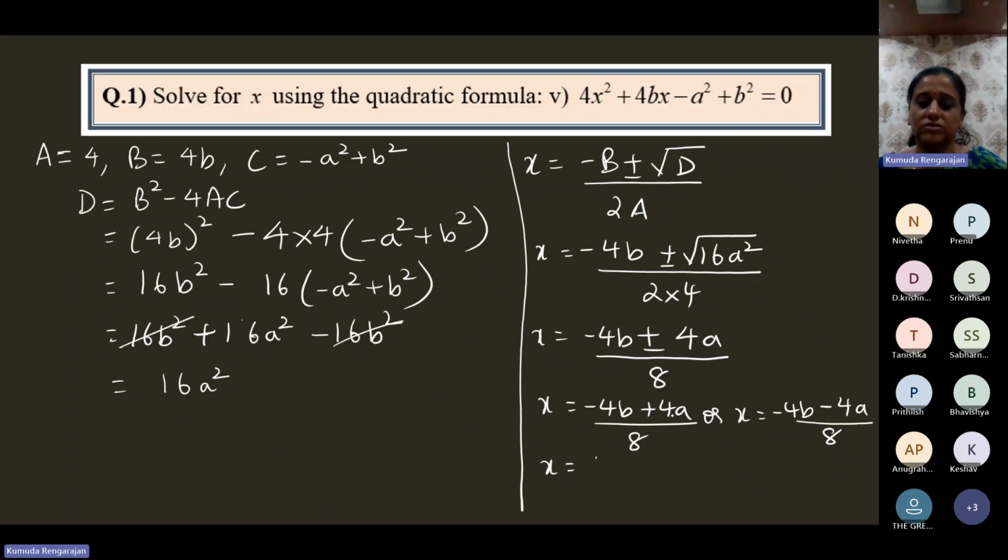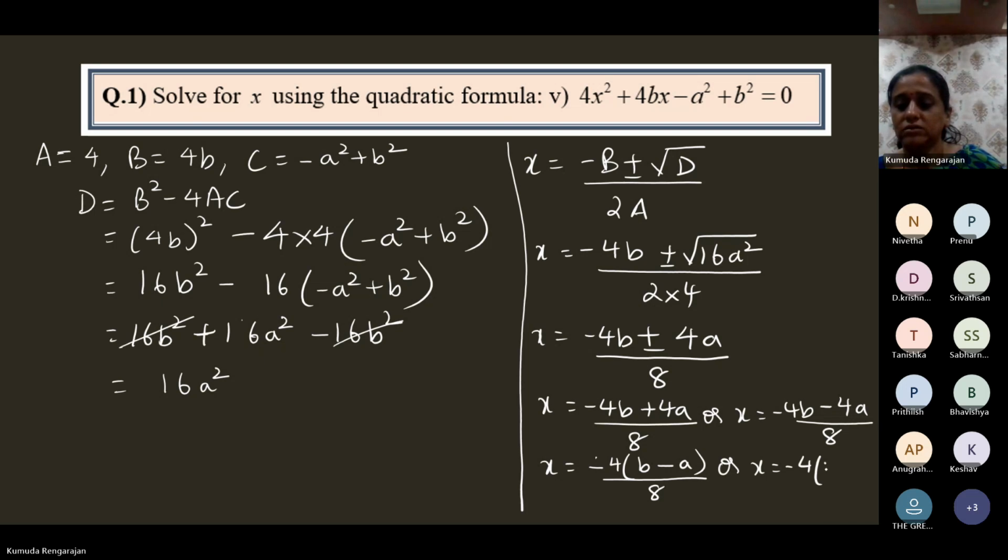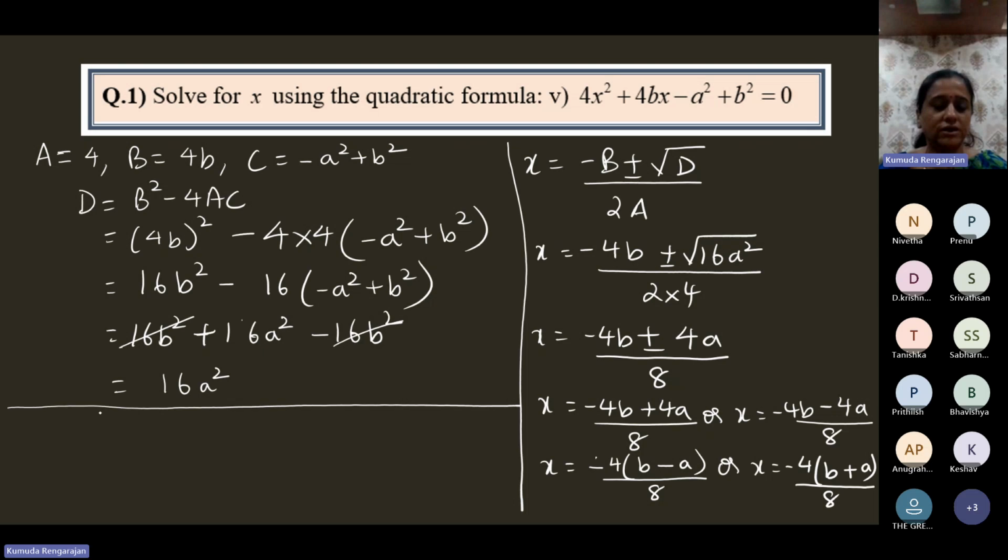You can write this as 4a minus 4b also if you want. Minus 4 is common. So minus 4 into b, minus into minus plus a, by 8. And just continue here.